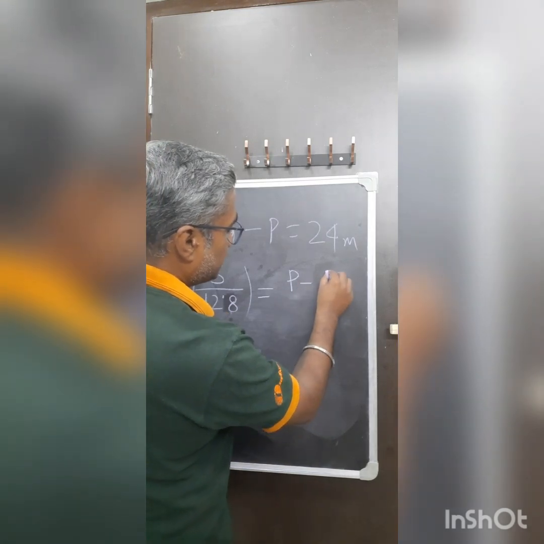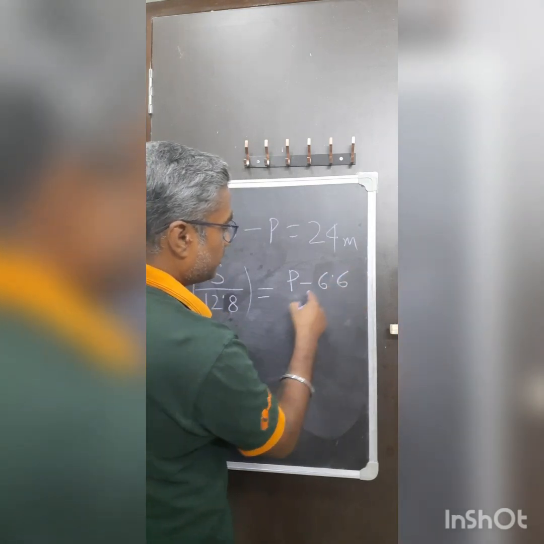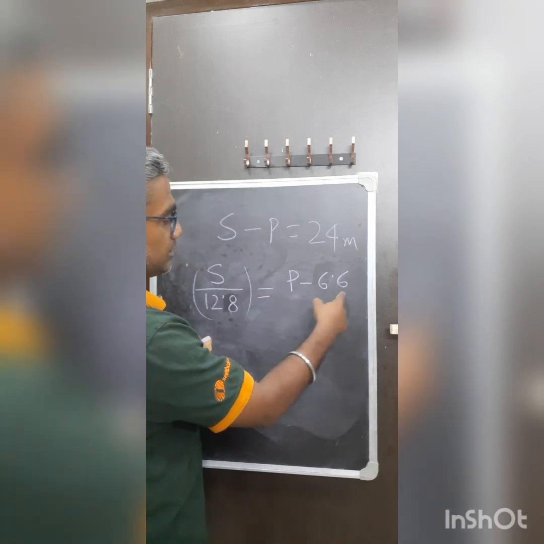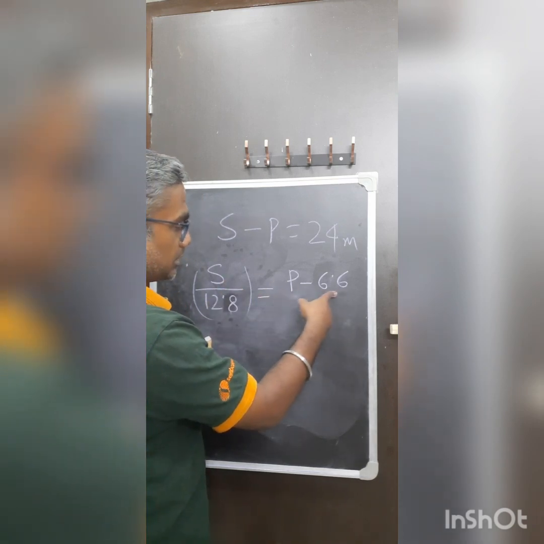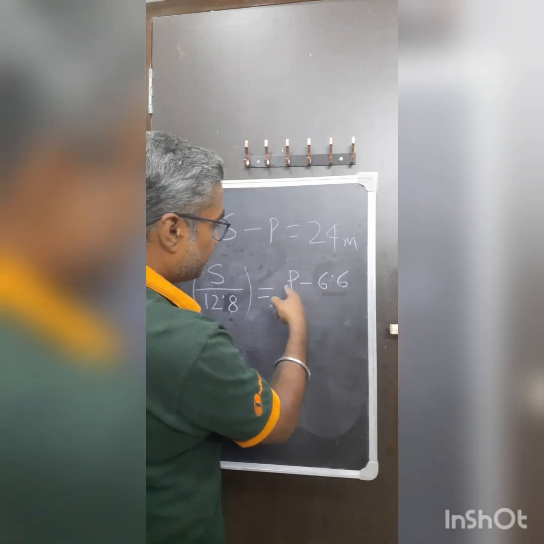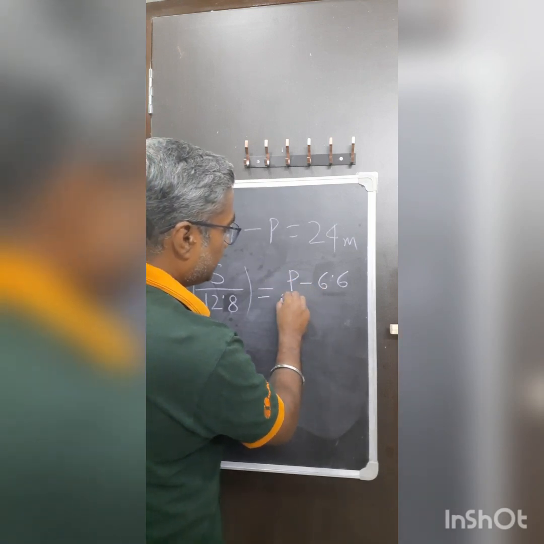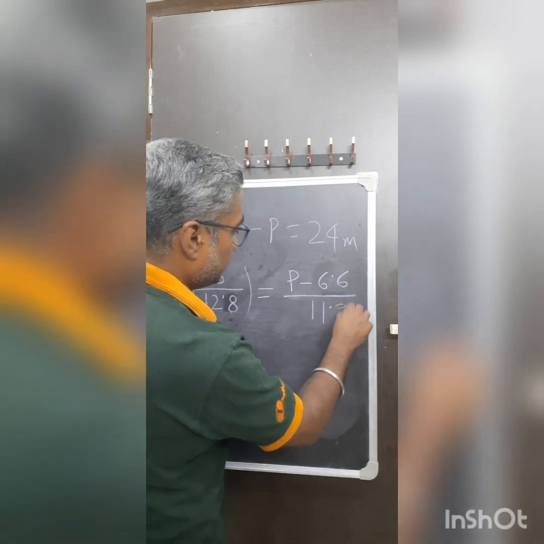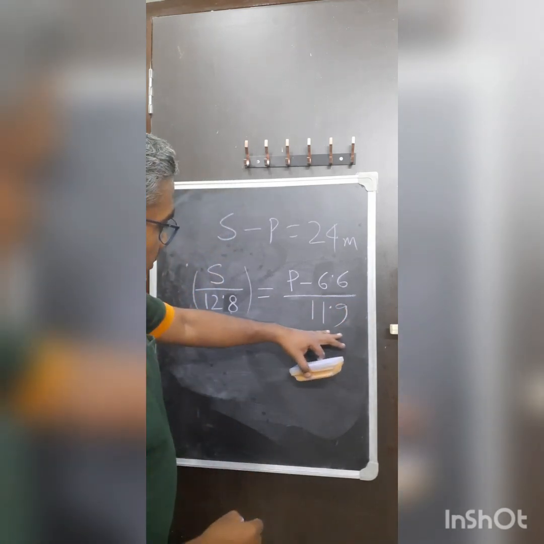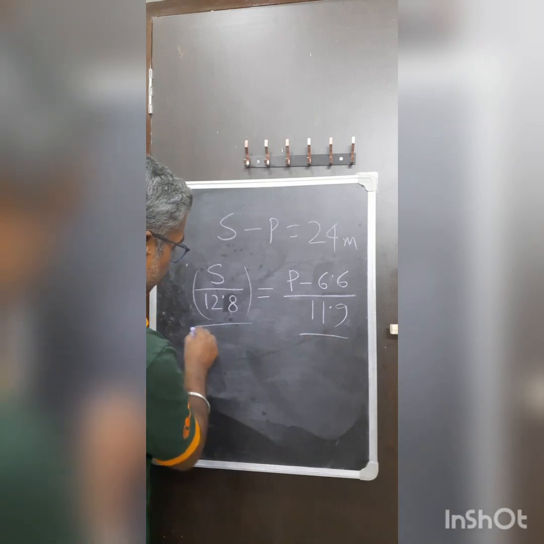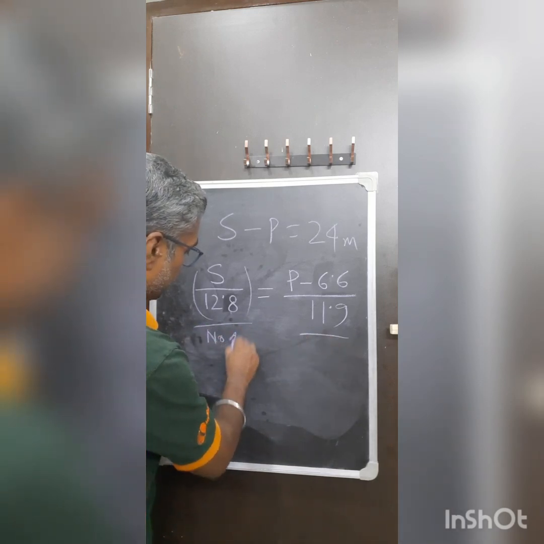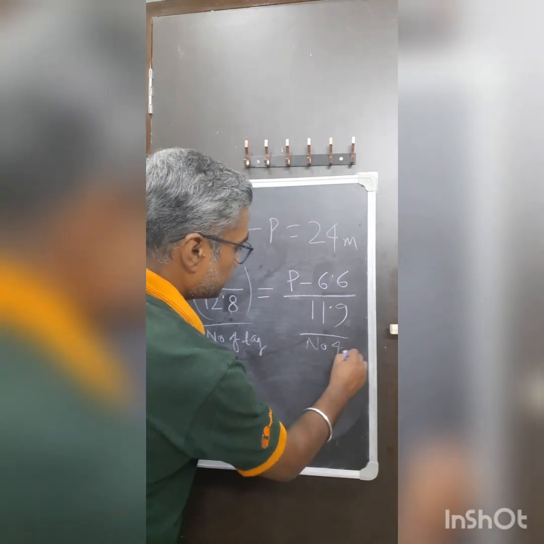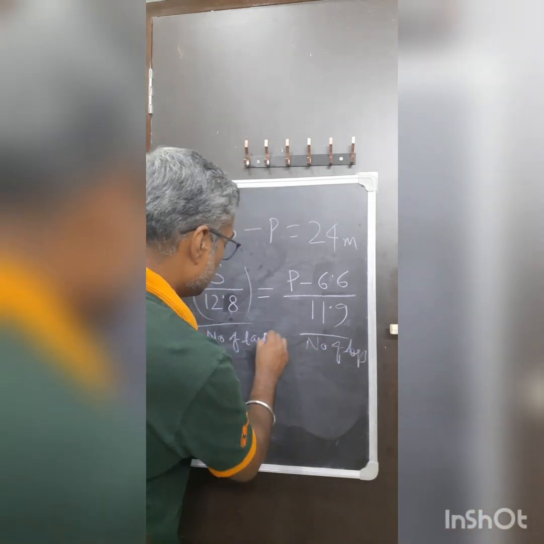The remaining 6.6 has to be subtracted, because the day Stitchman finished, P has 6.6 remaining. So that quantity has to be deducted from the Pantman quantity, and if I divide it by the average consumption per day, this will give the number of days. This also gives the number of days.